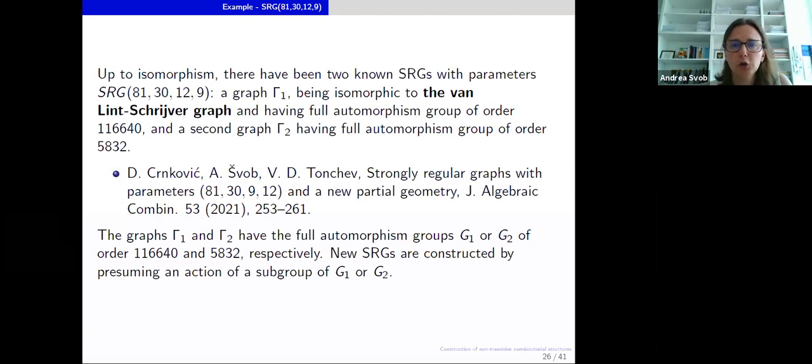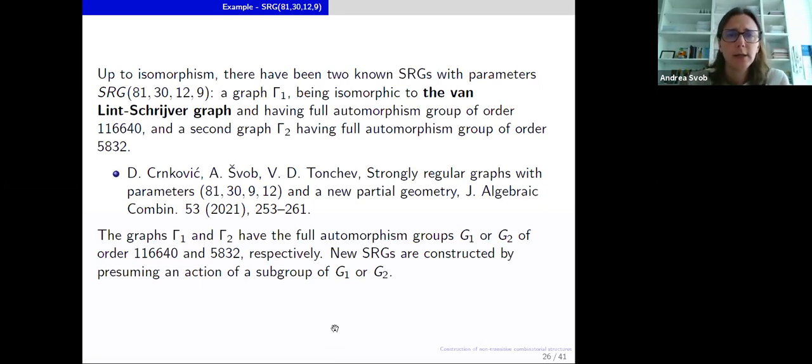Okay, so this was just an example to try to illustrate the method. But now I will show you how we implemented this method in obtaining very nice results, in which we obtain some new strongly regular graphs, and moreover, one result that is related to finite geometry.